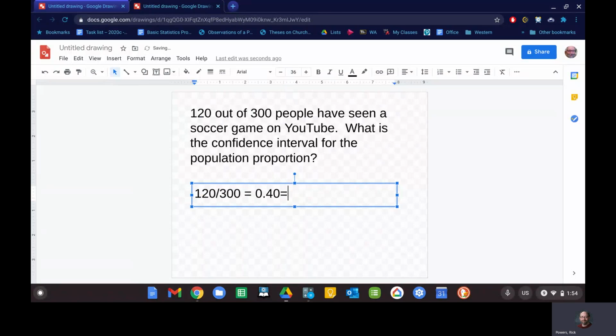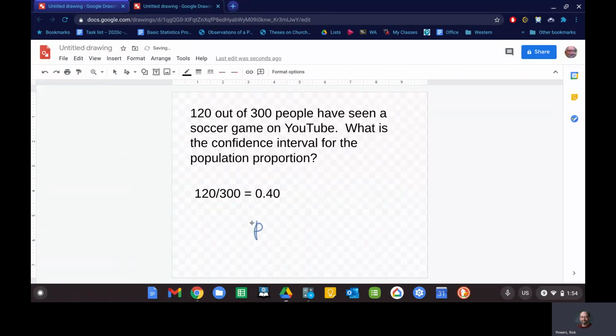Okay, that is my p hat. So I'm going to make sure you know what that looks like here. This then is p with a hat over it. That's this number right here. P hat is 40%.